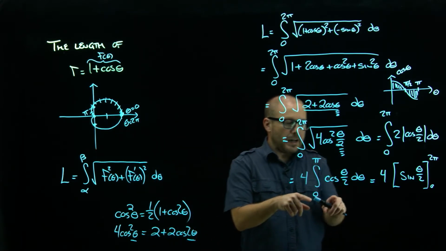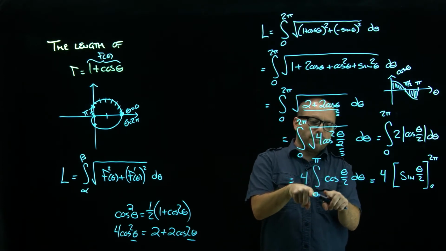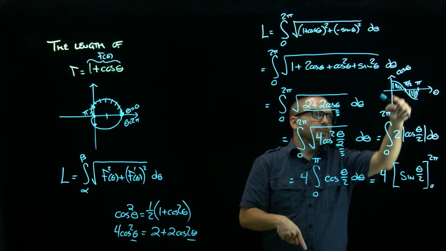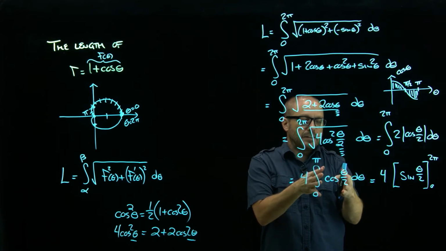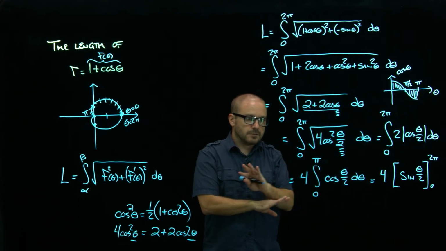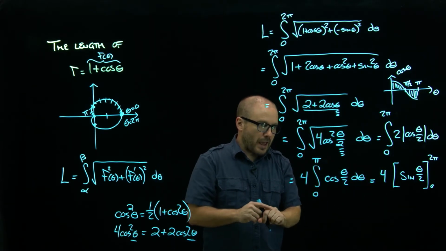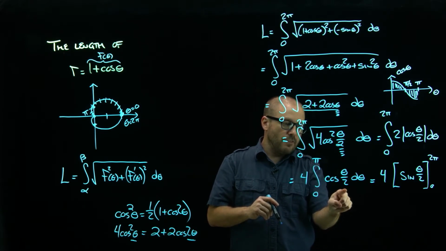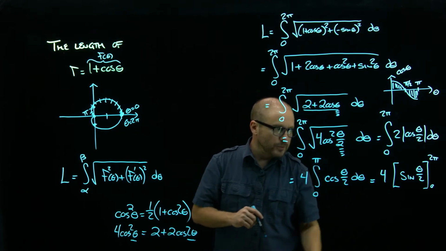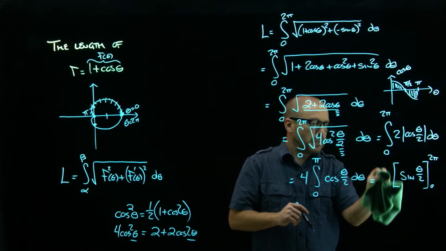From 0 to pi, you're going from cosine of 0 to cosine of pi over 2. You're going from there to there. It is always positive. So now we're all good. So now when I integrate, we're going to divide by half or multiply by 2. This is going to be 8.